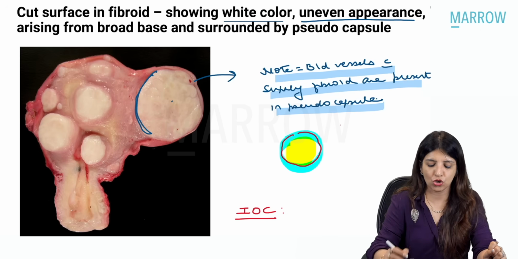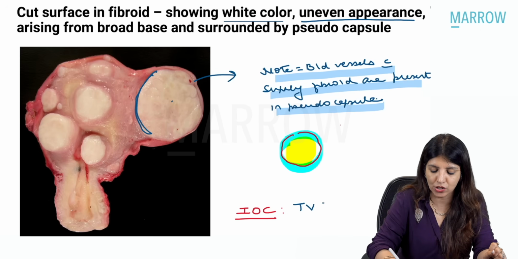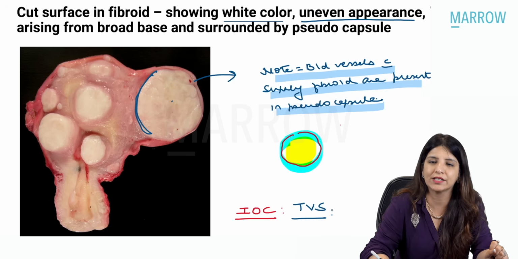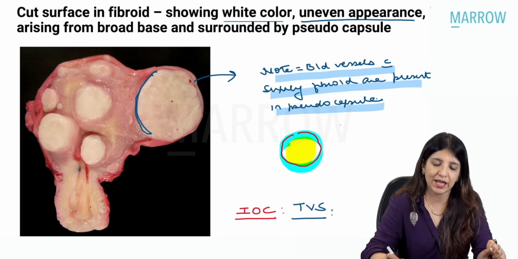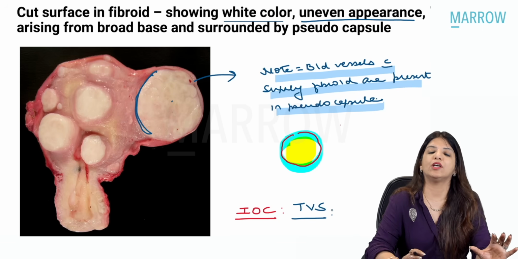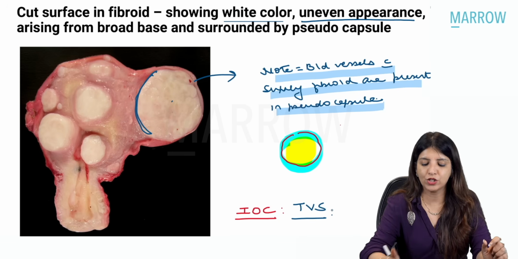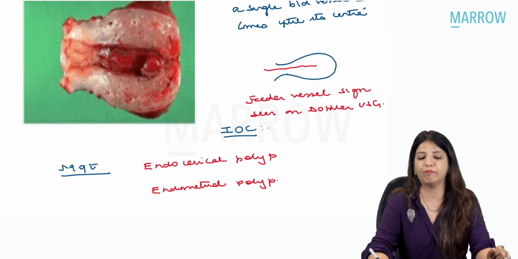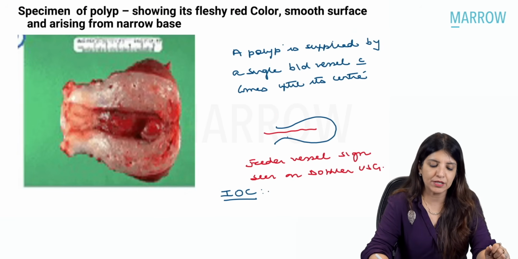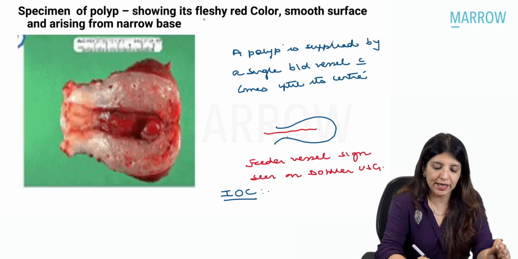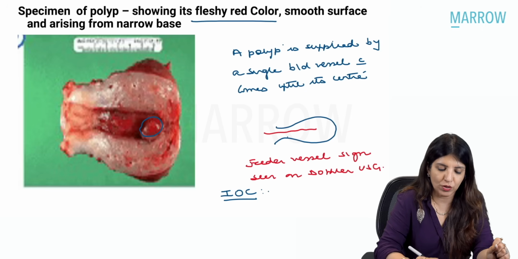What is the investigation of choice in case of fibroid? The investigation of choice in case of fibroid is TVS. Please compare the gross appearance of a fibroid to the gross appearance of a polyp. Now, a polyp is a mucosal outgrowth. It is fleshy red in color, as you can see over here.